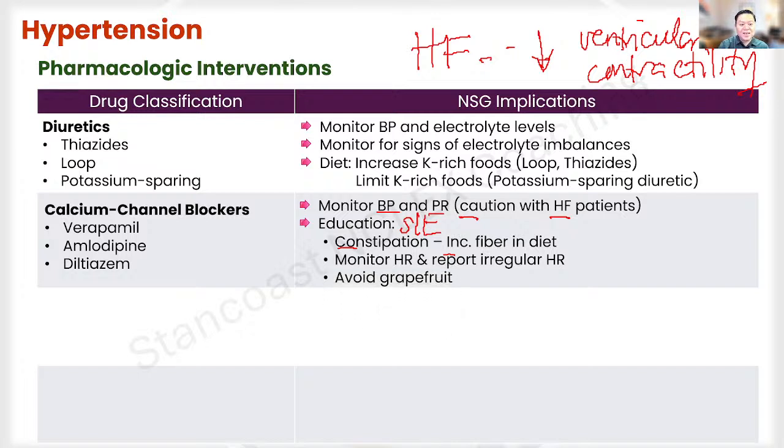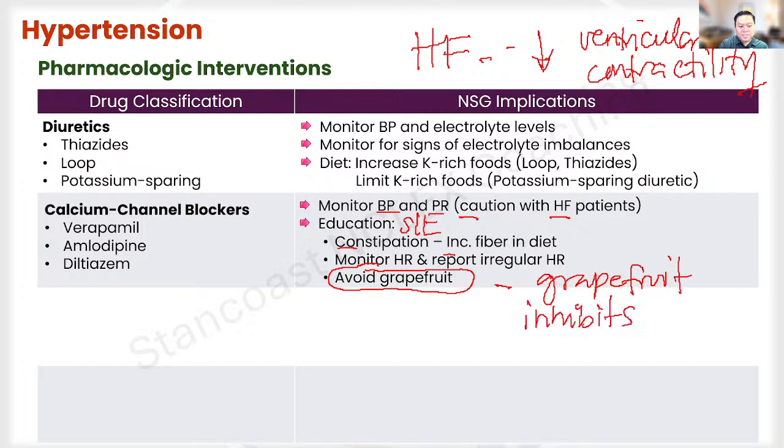And another thing, guys, that you need to emphasize is to teach them to avoid grapefruit. Why? Because the grapefruit is known to inhibit the enzyme.